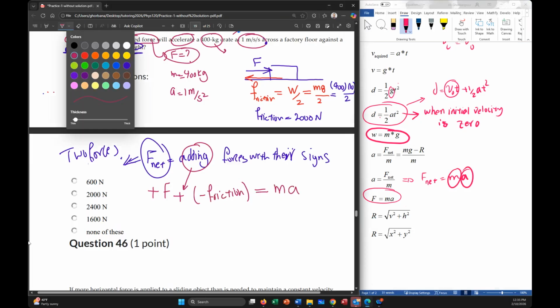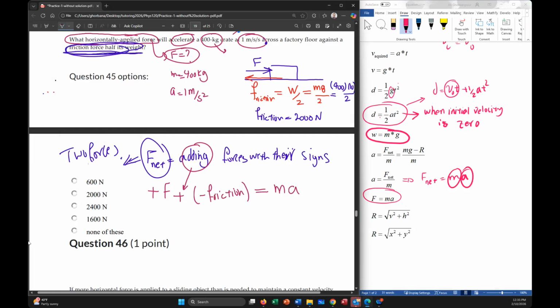So, what is the F? I don't know. I just write it. Good. What is the friction force? I already calculated. Yes, it is 2000 Newton, but positive or negative is going to be negative. Yes, equal. What is the mass? 400 multiplied by 1.